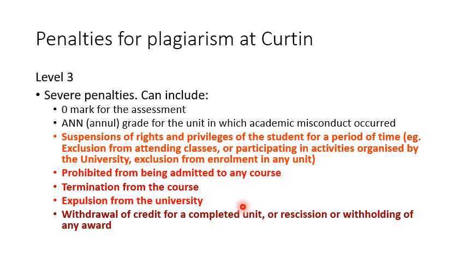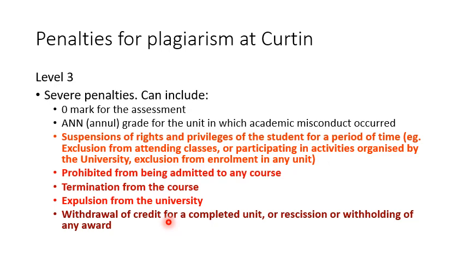And the most scary one is the withdrawal of credit for a completed unit, or rescission or withholding of any award. So if you have completed the unit, or even if you have completed your course and graduated and moved away from Curtin, if we find that there is still plagiarism, we can actually withdraw your credits, meaning just take away the credits that you have completed.